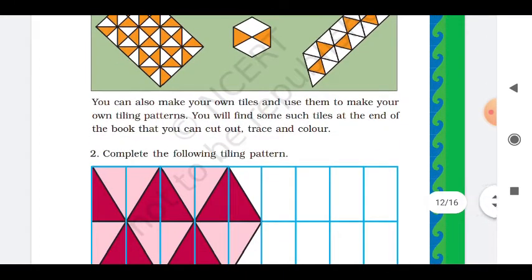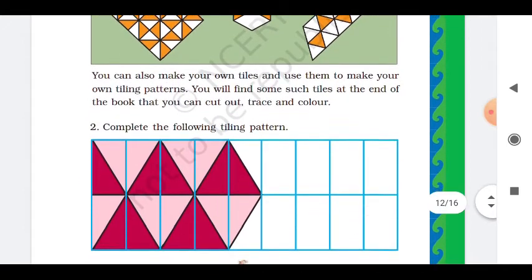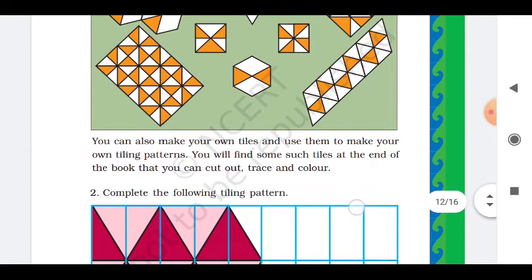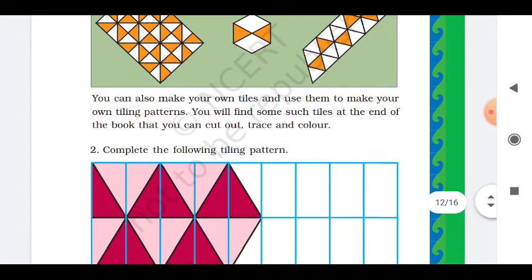You can also make your own tiles and use them to make your own tiling pattern. You will find some such tiles at the end of the book that you can cut out, trace and color. See the end of your textbook, there are some tiles. So when you cut them, you can arrange them like this tiling pattern.